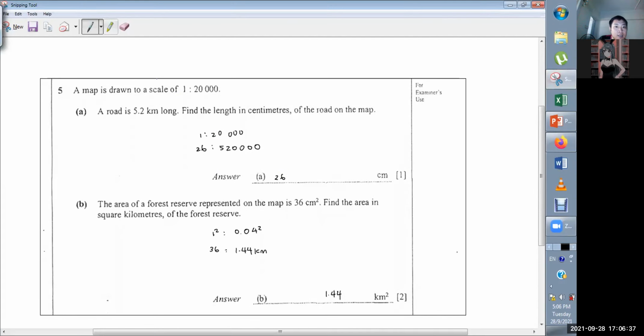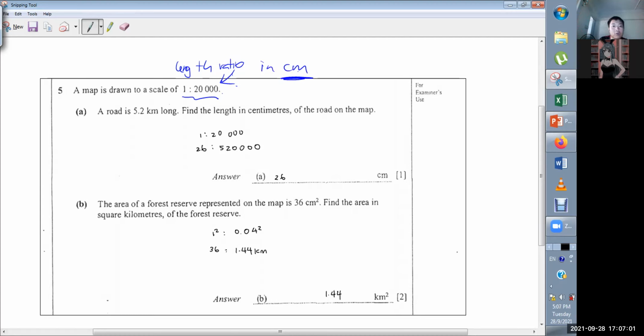Okay. Number one over here says this is the length ratio. This length ratio over here is actually in centimeter.